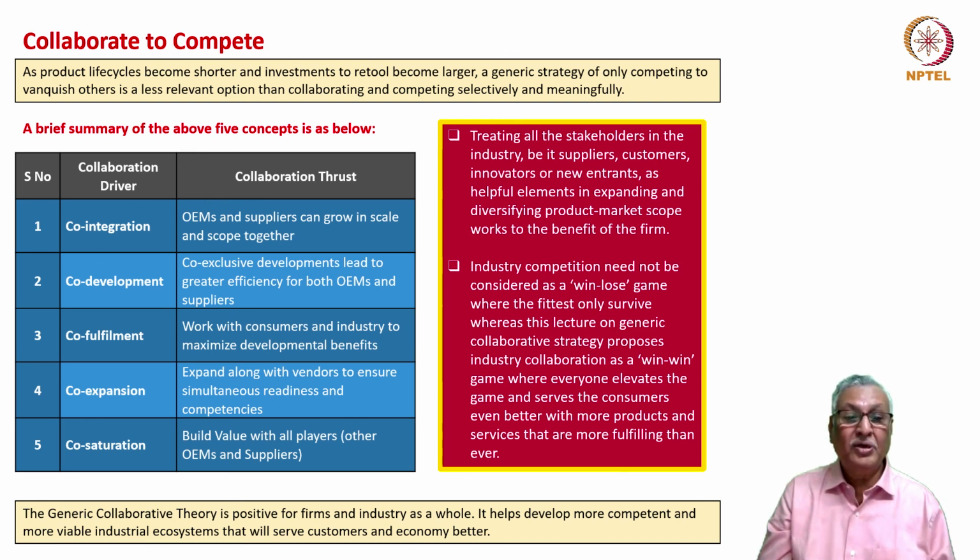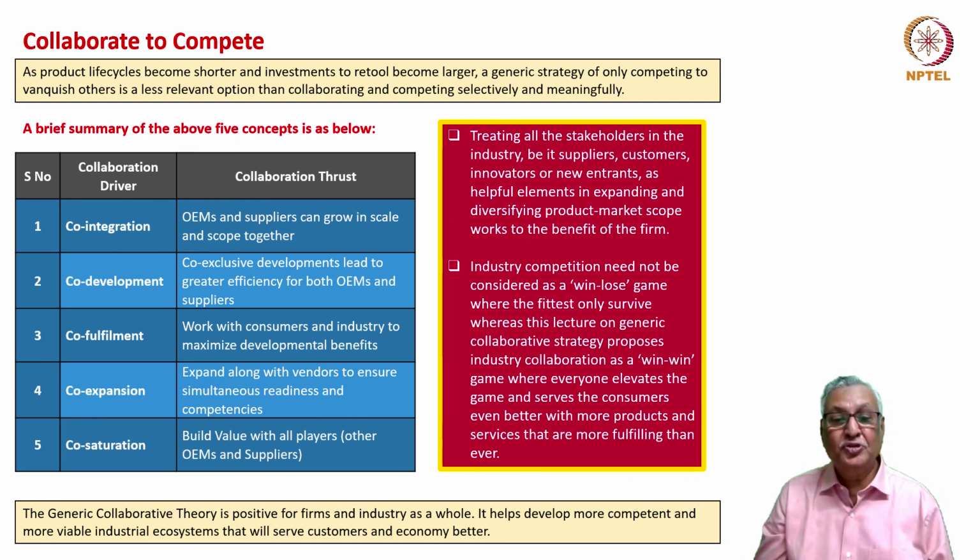In co-fulfillment, companies work with consumers and industry to maximize developmental benefits. In co-expansion, vendors all along the industrial value chains collaborate to ensure simultaneous readiness and competencies. In co-saturation, we build value with all the players, that is other OEMs and suppliers.